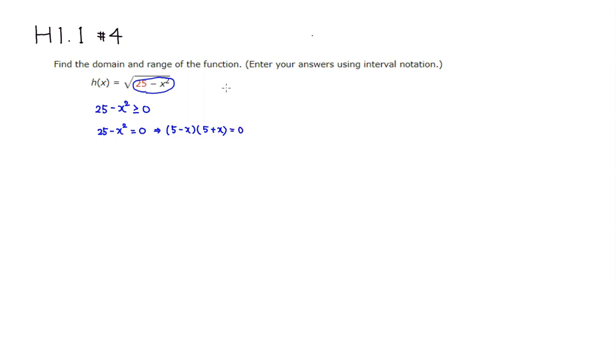This gives you x values of positive 5 and negative 5. So x is equal to plus or minus 5.